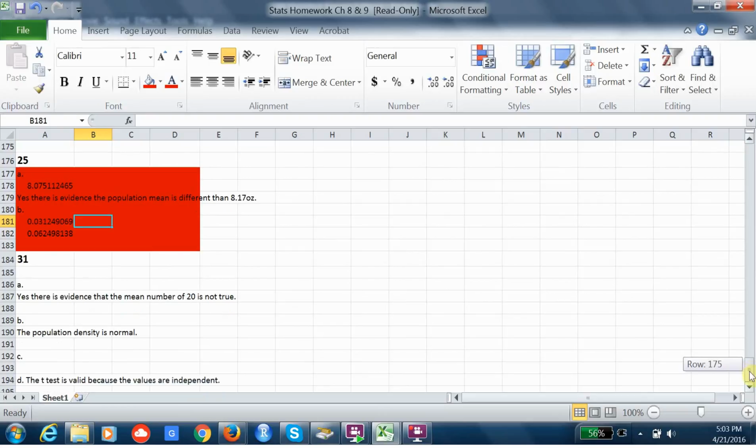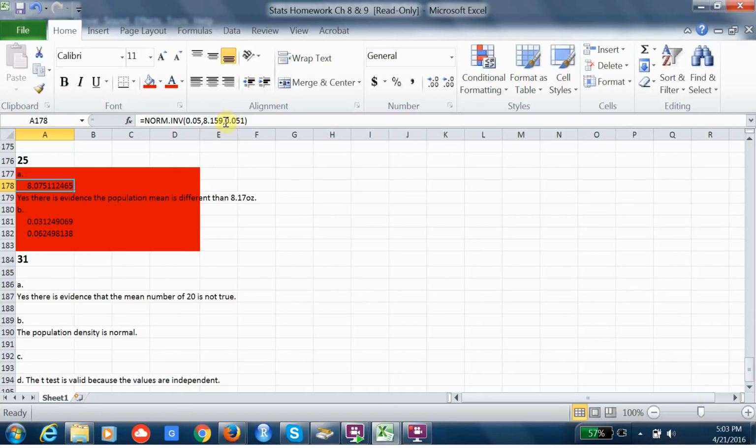Yeah, so 25, you want to look at it again, and I can't really tell what you've done because there's not a lot of work done, so I don't really know what values you put in and where you've got them. I know one thing that's wrong is the standard deviation.